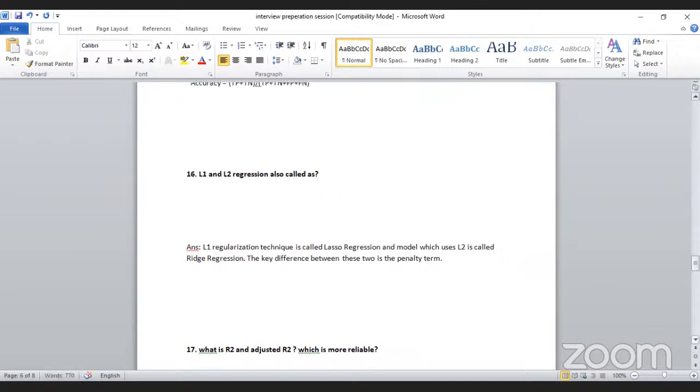So your next question is, what is R2 and adjusted R2? And which is more reliable?